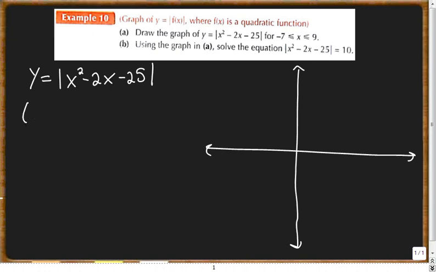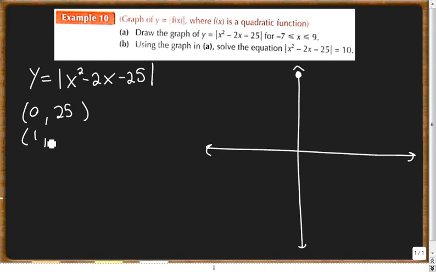One coordinate we could do is, okay, let's try 0. Well, if we plugged in 0, we would get negative 25. Or excuse me, we wouldn't get negative 25, we would get 25. My fault. Okay, so we get 25 up there.